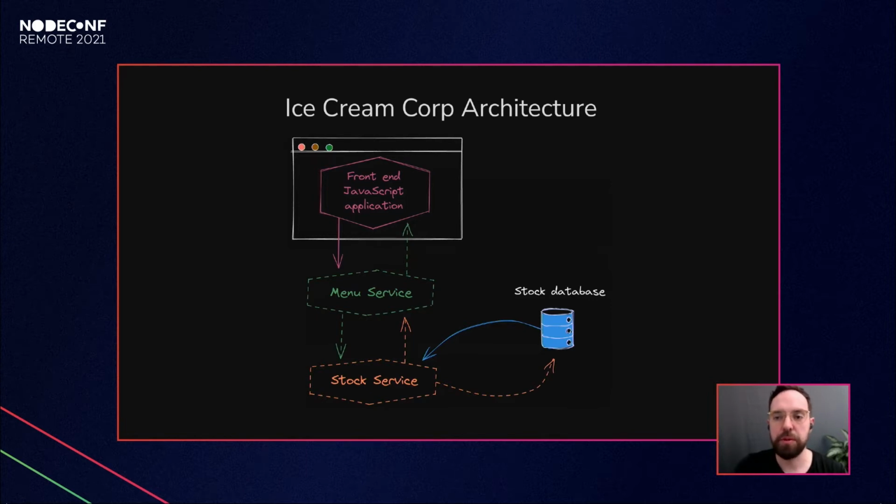This provides all the delicious flavors that Ice Cream Corp have to offer. This menu service also calls a stock service because Ice Cream Corp don't want to be showing ice creams which are out of stock to their customers. And the stock service runs SQL queries against a database to get that stock data. It sends it back to the menu service, which is then able to serve data back to the front-end application, and users can then view the Ice Cream Corp menu.